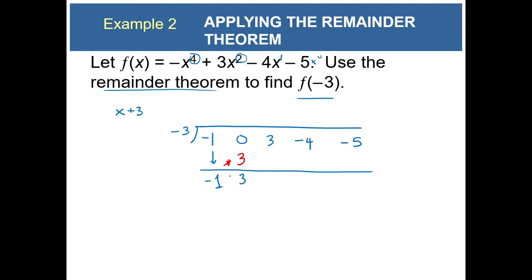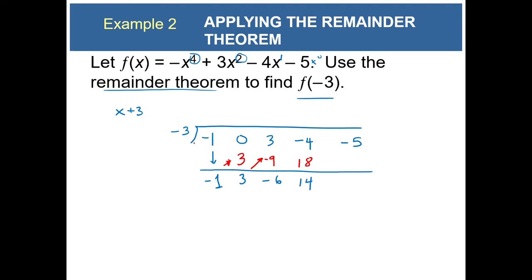Then we'll multiply again. Negative 3 times 3 is going to give us negative 9. We'll add 3 minus 9, and that is negative 6. We will multiply now. Negative 3 times negative 6 is positive 18. Then we'll add negative 4 plus 18 is positive 14.